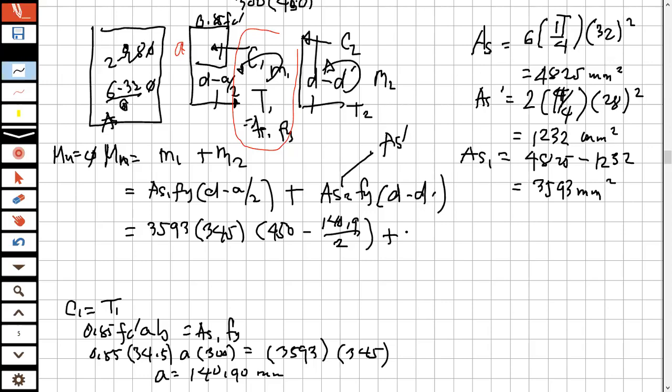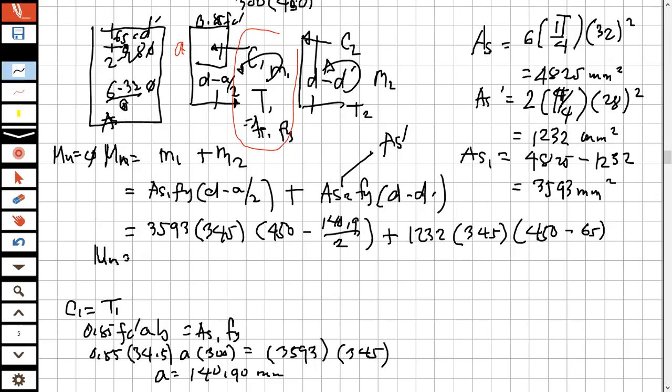So you have A_s' is 1232, Fy is 345, d is equal to 450 minus d', ano yung d' natin? 65, given sa problem. Okay, d' from here, going here is 65. So therefore, we can calculate here Mn.